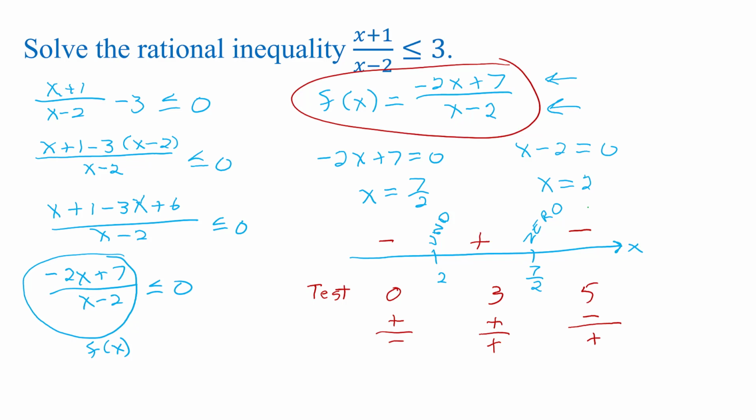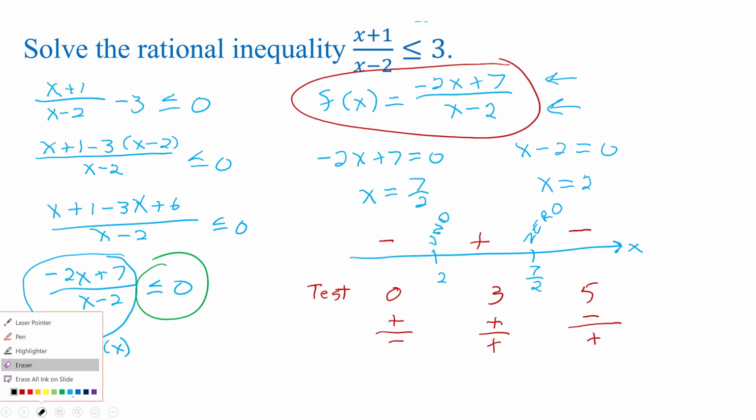And now we look at what we're trying to find here to finish solving the inequality. We're looking for where our function is less than or equal to 0. Okay, so that would be where we have negatives or where we have zeros.